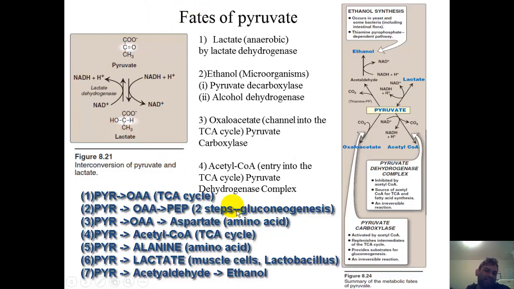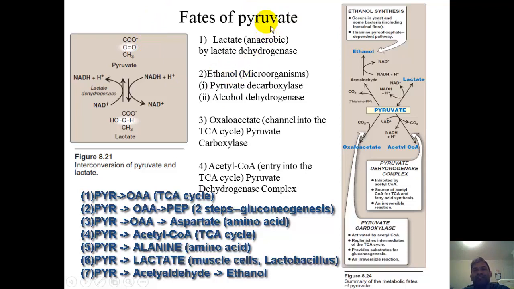And think about this for 1 second. If you ingest one glucose molecule, those carbons from that glucose can go into making lactate. For a bacteria, that may be important. Those carbons from glucose can go into making ethanol.